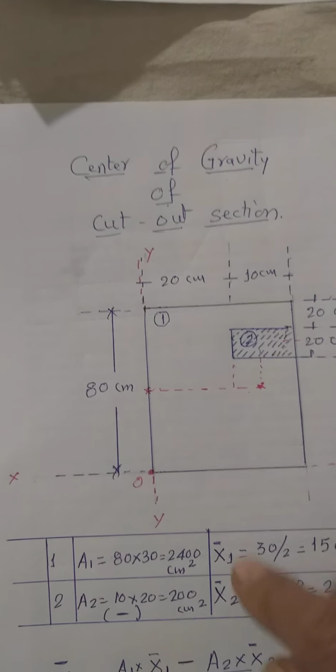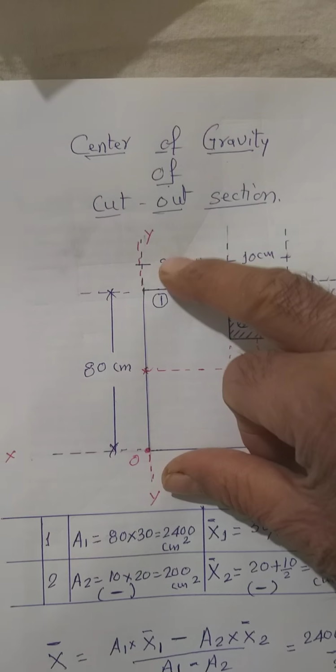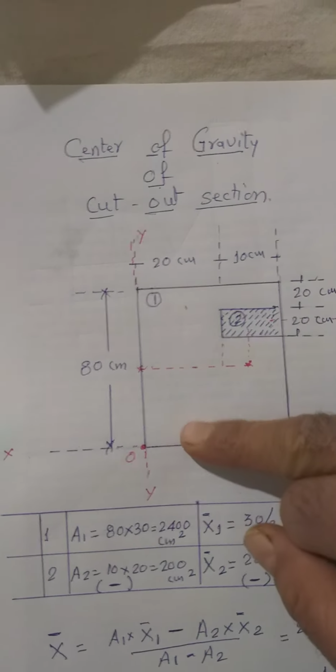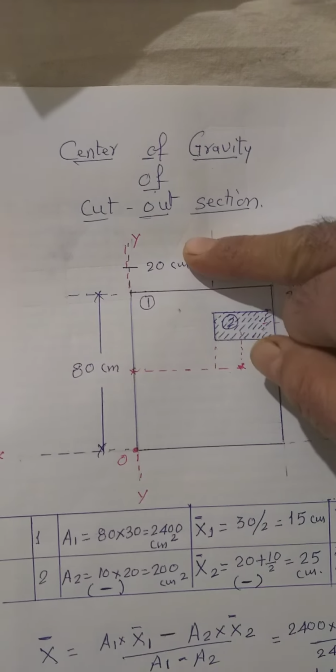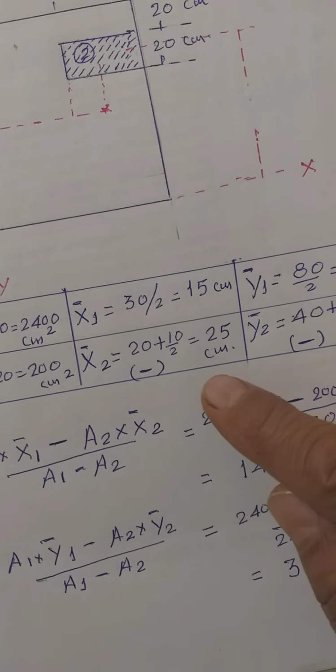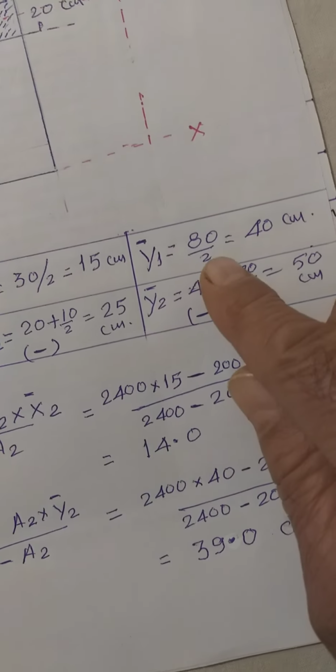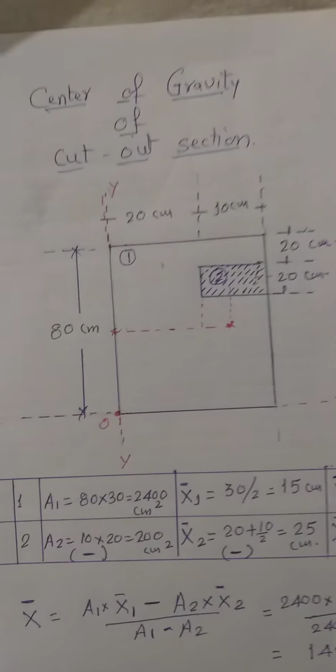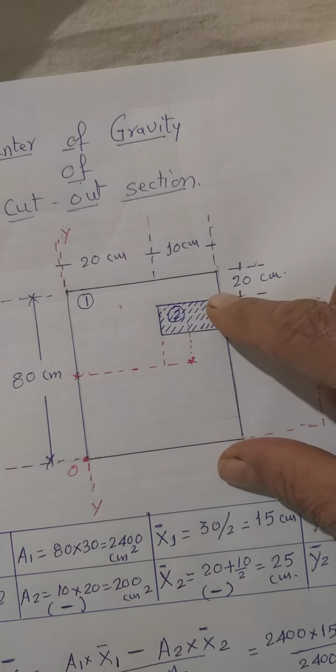Similarly, for y bar 1, the total vertical distance is given from the horizontal line. So y bar 1 will be 80 by 2. And what will be this distance of y bar 2?